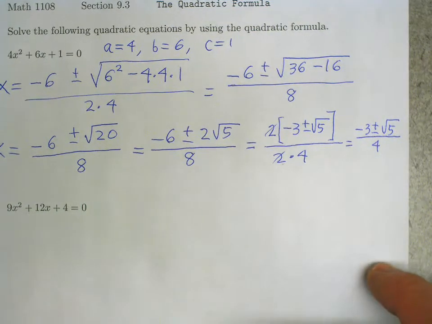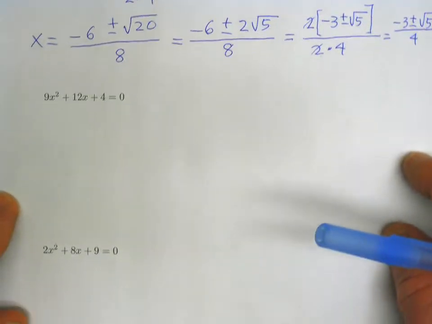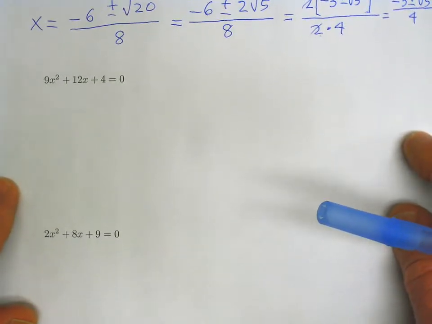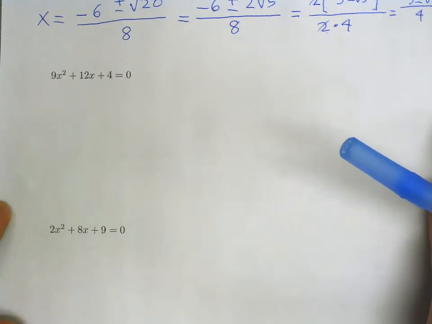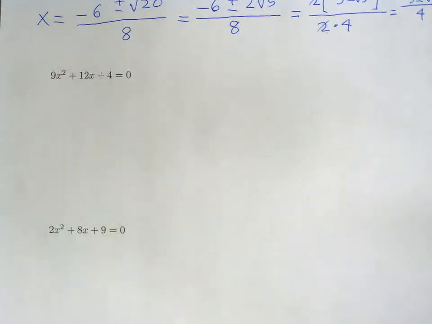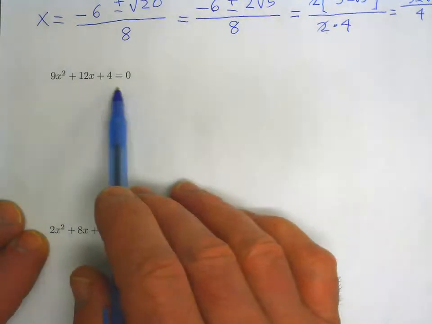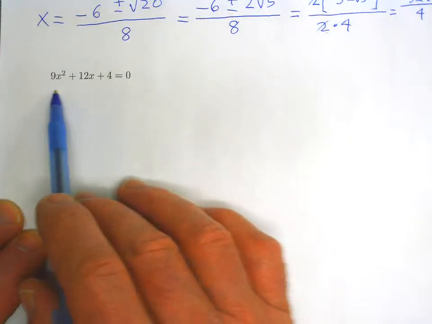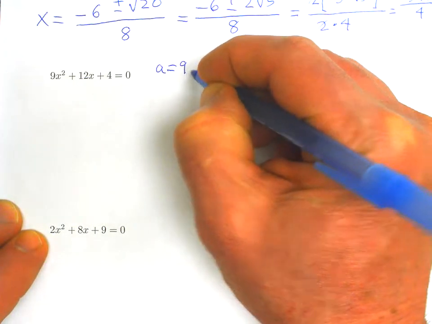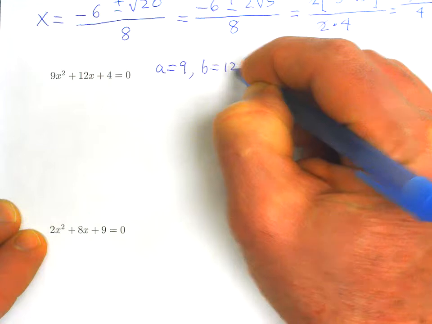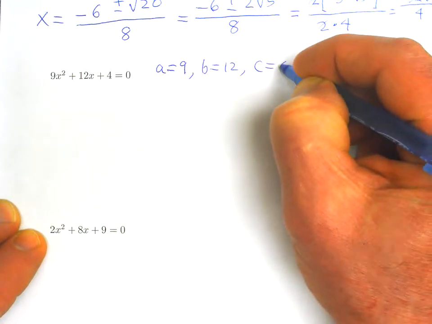Okay, another example. Solve 9x squared plus 12x plus 4 equals 0. This is already in standard form. So A is 9, B is 12, C is positive 4.